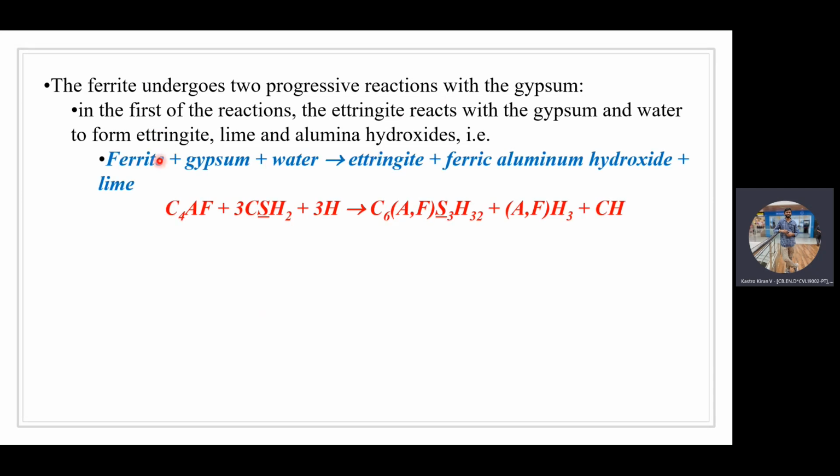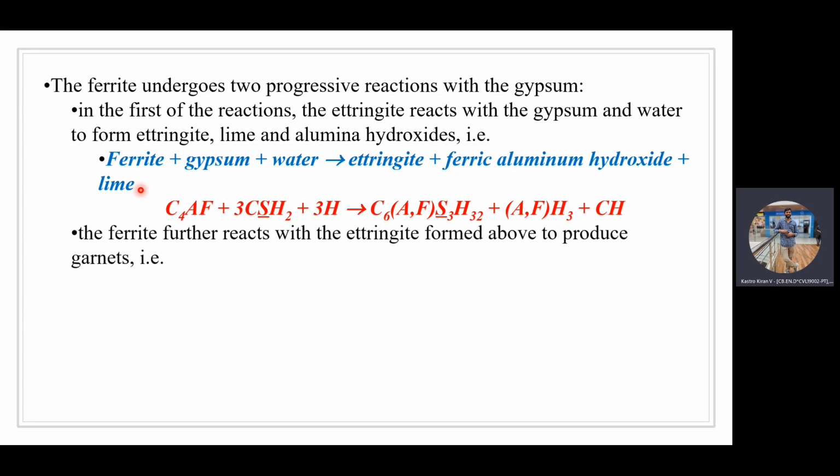You can see here, the ferrite compound comes in contact with the gypsum in the presence of water, which leads to the ettringite compound. Along with that, you can also see ferric aluminum hydroxide. You can see here there is no heat liberation mentioned, because very little heat is liberated in this process, so we are not going to focus much on it.